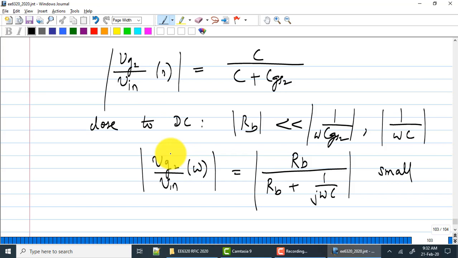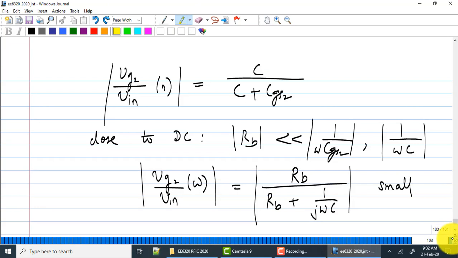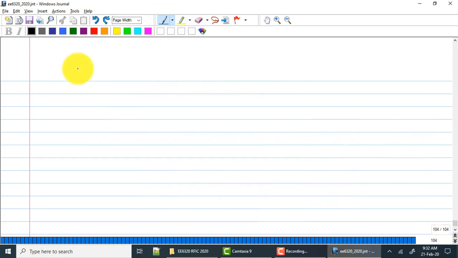Now what about the bandwidth limitation at the output? Both sides have a bandwidth limitation at the output. What is the bandwidth at the plus node?